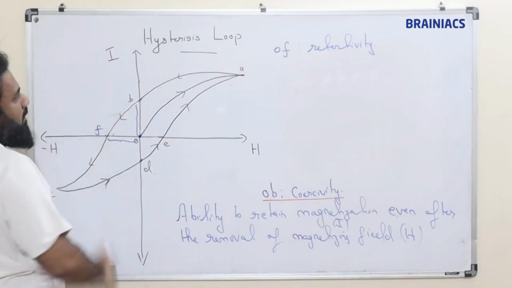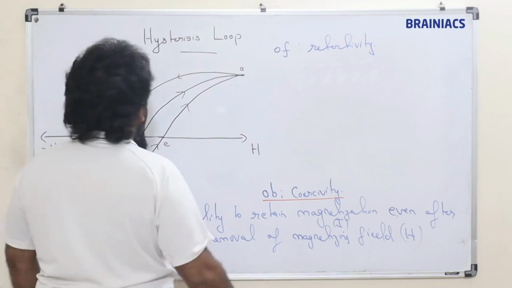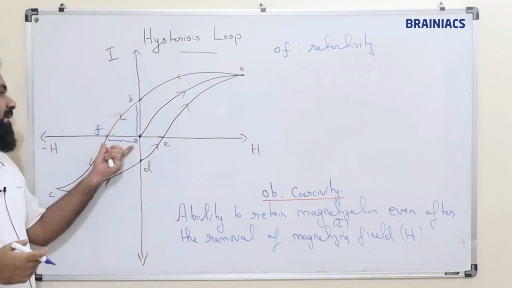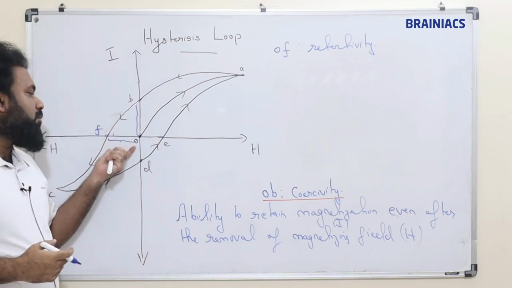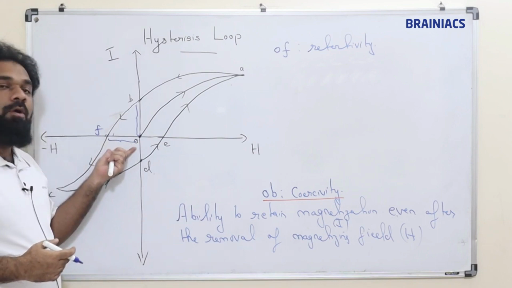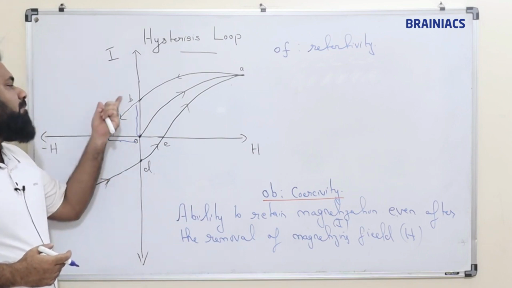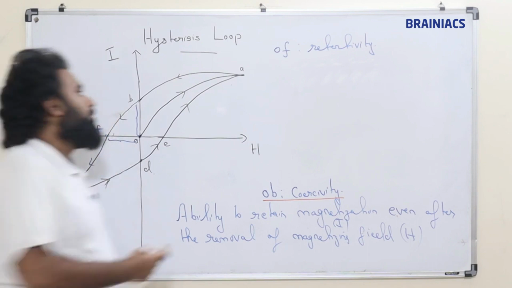Okay, so this is nothing but how much magnetizing intensity is to be applied in order to make the magnetization to zero.